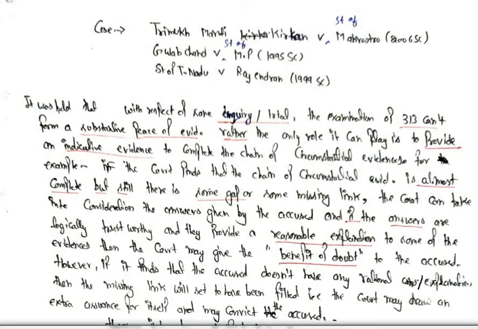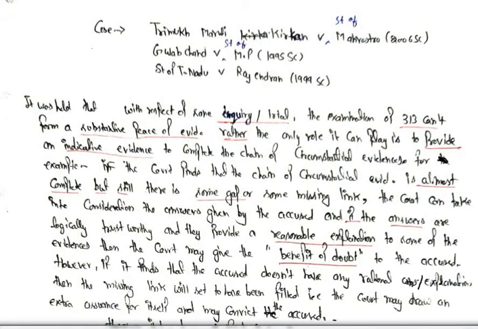It was held that with respect to some inquiry or trial, the examination under 313 cannot form a substantive piece of evidence. Rather, the only role it can play is to provide an indicative evidence to complete the chain of circumstantial evidences.